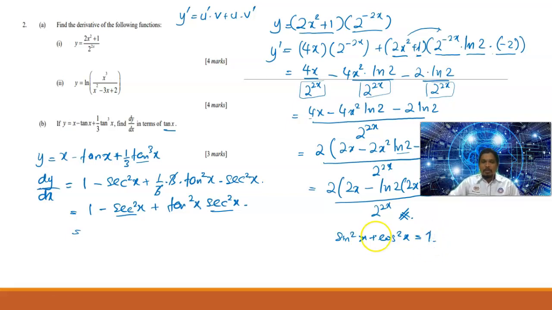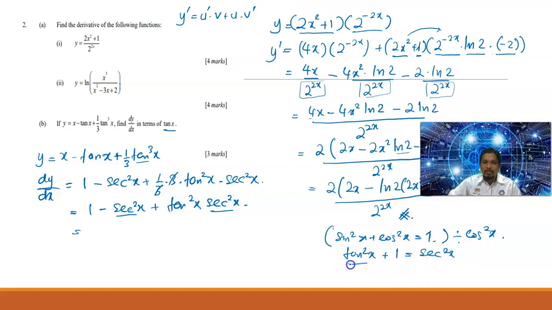Okay, so divide by sine square, sine square divide by sine square equal to 1. Oh no, it's not divide by sine. We're going to divide by cos. Okay, sine square, everything divide by cos square x. So sine square divided by cos square equal to tangent square x. Cos square divided by cos square equal to 1. 1 over cos square equal to secant square x.